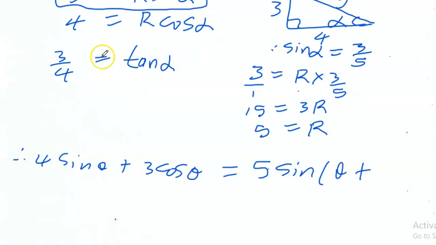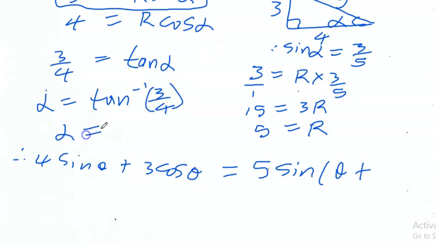I didn't find alpha. Tan alpha was 3/4, which means that alpha would be tan inverse 3/4. So alpha would be equal to, using a calculator, to 1 decimal place, 36.9 degrees. So it's theta plus 36.9 degrees.